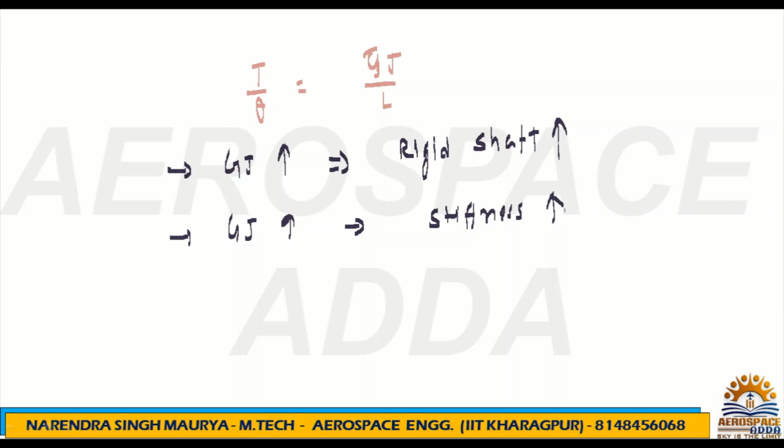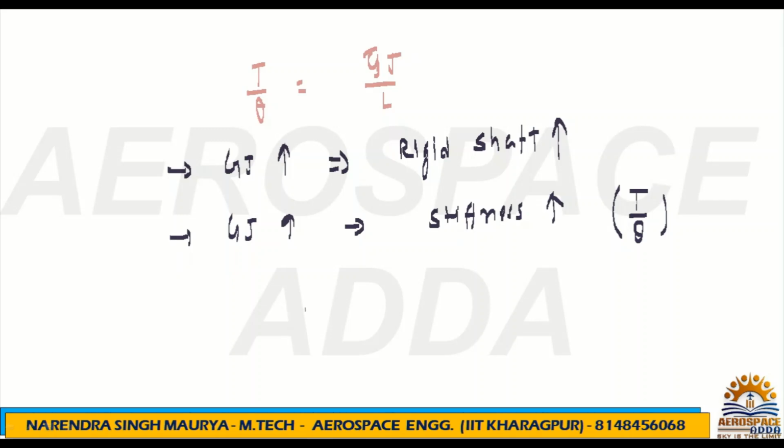Okay, what is the stiffness of the shaft? Stiffness of the shaft is nothing but T by theta. So if GJ is increasing, then T by theta will also be increasing. Yes or no? If T by theta is increasing, that means stiffness will also be increasing. All right.